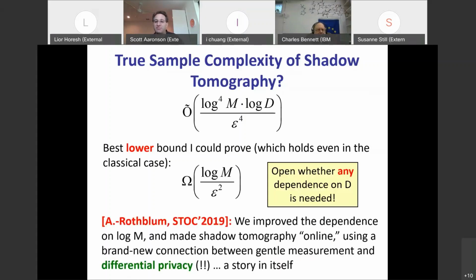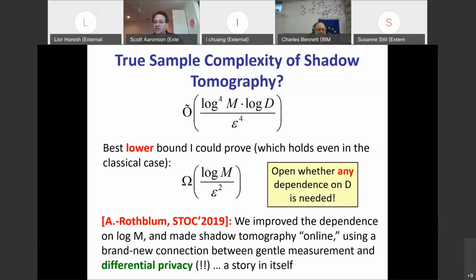This brings me to a more recent result, which I'll only be able to give you a vague impression of. I don't have time to go into details, but in a more recent paper by me and Guy Rothblum, we were able to improve the dependence on log of M and give a new shadow tomography procedure, which had some additional advantages.